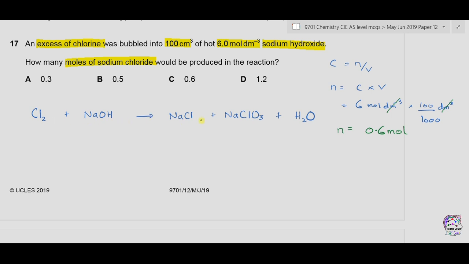In the balanced equation, the molar ratio used is 3, 6, 5, 1 and 3. Now we have two reactants, one is chlorine, second is sodium hydroxide. In the question it says an excess of chlorine was bubbled, so therefore chlorine is in excess. So sodium chloride is only dependent on the limiting reagent, so therefore sodium hydroxide could be the limiting reagent.